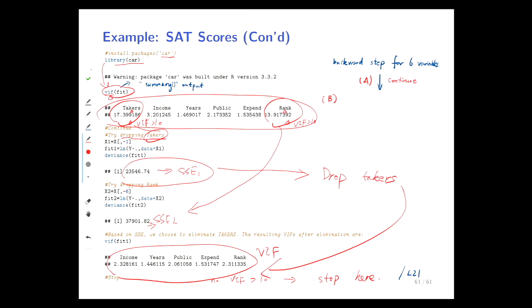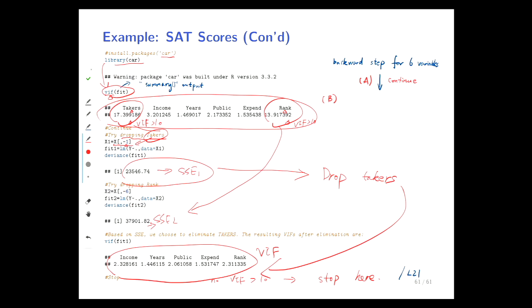So here, for eliminating, we use this square bracket -1. -1 just means we eliminate one column in this data matrix. So that means we eliminate the first column, which represents the takers variable.